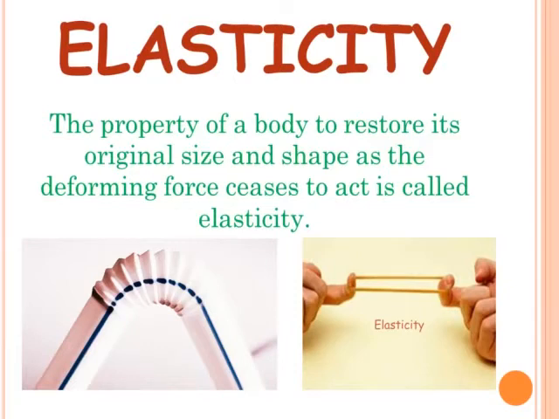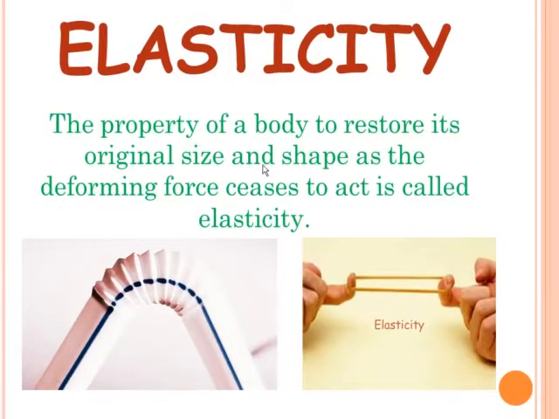The property of a body to restore its original size and shape as the deforming force ceases to act is called elasticity. It means that when the deforming force, which changes the shape, size, or volume of an object, stops acting on any object, then the body restores its original size or shape.